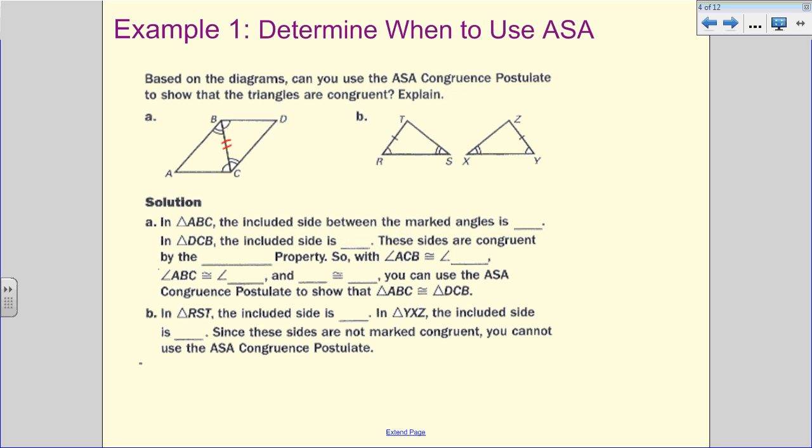It says in triangle ABC, the included side between the marked angles is BC. In triangle DCB, the included side is BC. It's the same one. Since these sides are the same, they are congruent by the reflexive property.